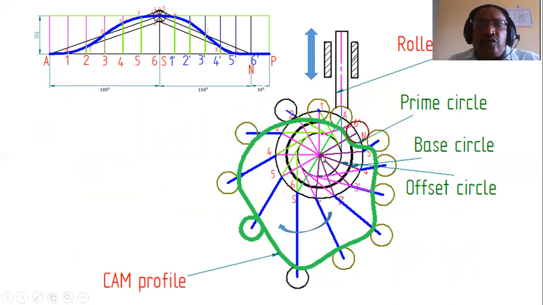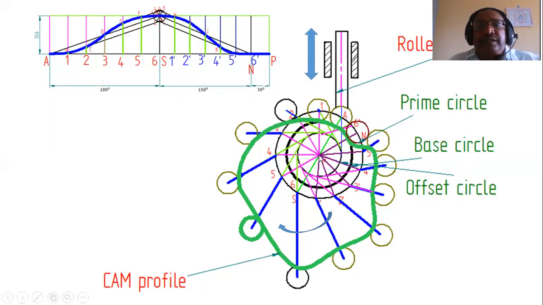With any point O, see how much offset is given. It is 10 mm. Take a 10 mm radius, with center O draw a circle. Then with the same center, see the minimum radius of the cam. It is 15 millimeter. With the same center, draw one more circle.